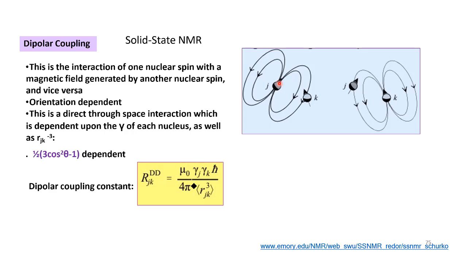The other nucleus will have a spin, and that will affect the spin of the different nucleus. So vice versa, that dipolar coupling will happen, and it is orientation dependent. It is a direct through-space interaction, and it can be calculated like this. We can calculate the RJK value with the help of this formula, and the dipolar coupling constant also can be calculated using this formula.